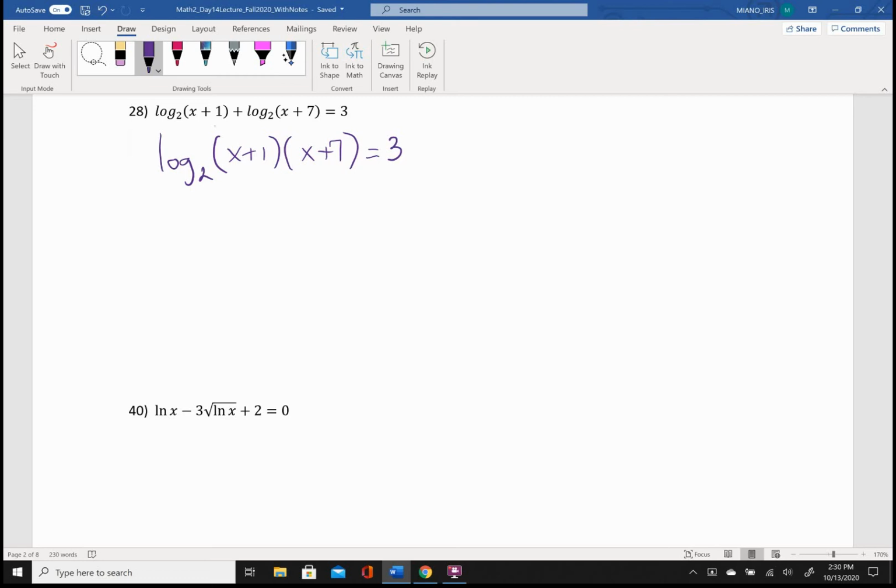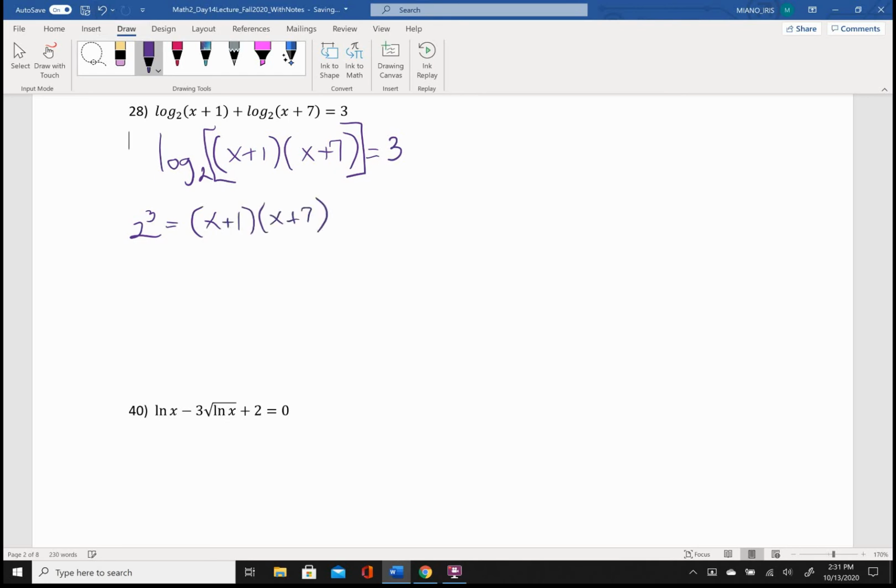And if it makes you more comfortable, go ahead and put some brackets around them, so it's very clear that both of those binomial factors are part of the argument there. And go ahead and convert this into its exponential counterpart. So 2 to the third power, because the base is the base, and the log is always equal to the exponent, and the exponential is equal to the argument, which is this x plus 1 times x plus 7.